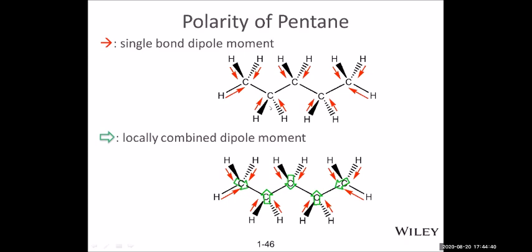You can see that when the bonds pair up, they cancel each other out. Likewise these 2 will cancel, these 2 will cancel, and these 3 will combine together to give you this combined dipole. These 3 also combined give you another dipole.